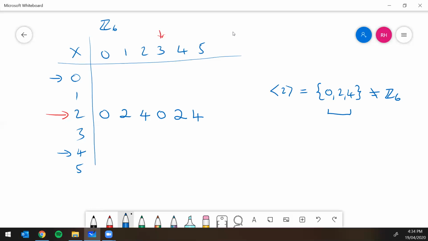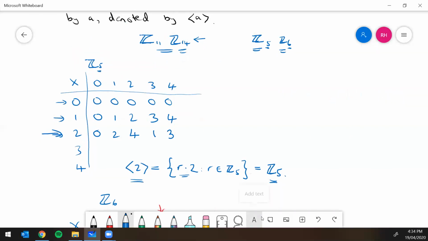In other words, 0, 2, or 4 is all you'll get. So it is an ideal, and it is generated by 2. But of course, the important point here is that this is not the whole of Z6. Like we saw before, when you're in Z5 back here, it turns out that except for the 0, where you just get zeros, all of these, the 1 or 2 or 3 or 4, all of them will give you the entire ring of Z5.